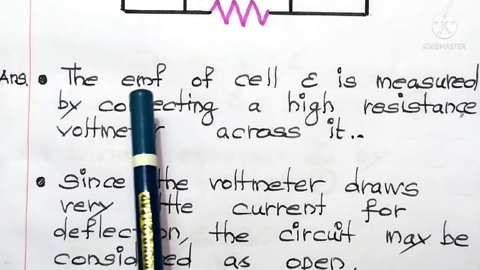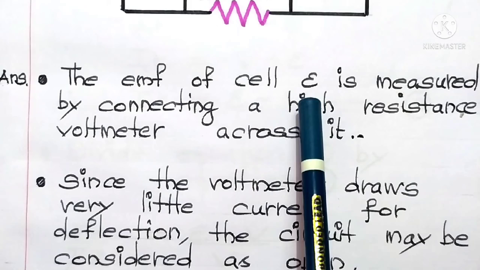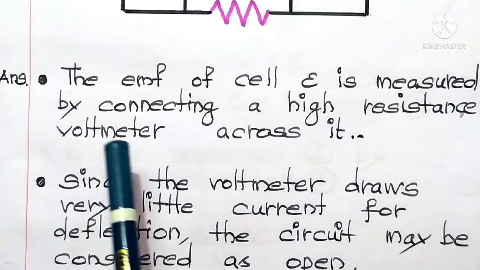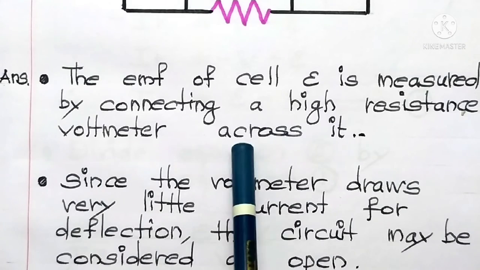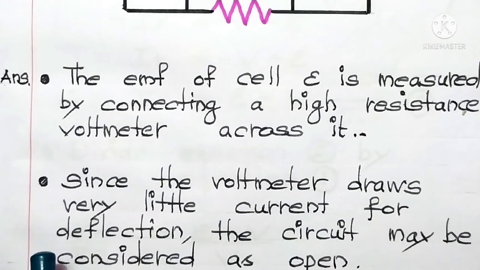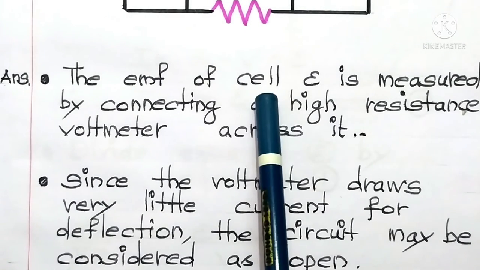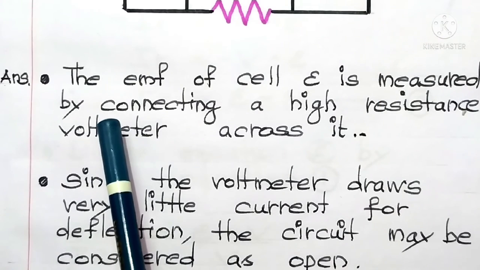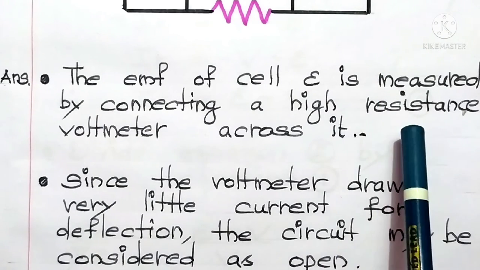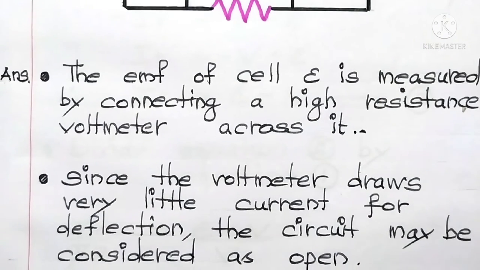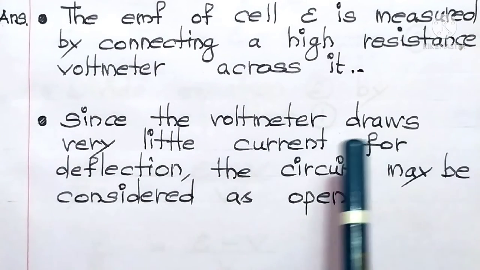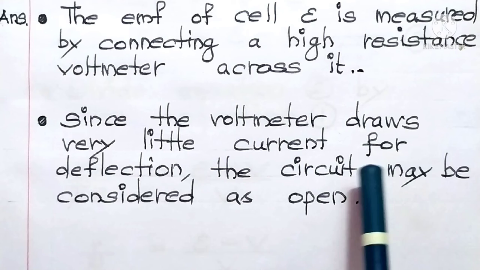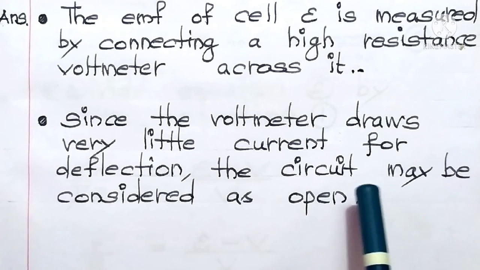Answer: The EMF of cell E is measured by connecting a high resistance voltmeter across it. Since the voltmeter draws very little current for deflection, the circuit may be considered as open.